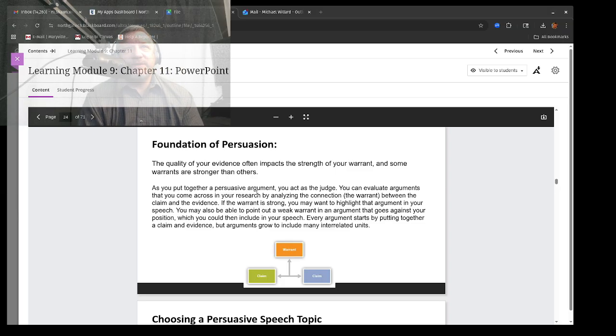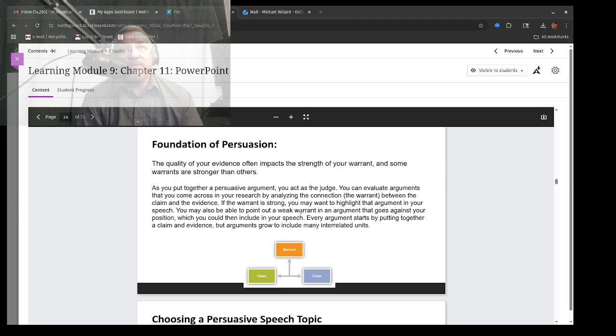As you're putting together your persuasive argument, you are the judge. You can evaluate arguments that come across in your research or in life. Analyze the connection between the warrant, the claim, and the evidence. If your warrant is very strong, you might want to highlight that in your speech, like I said with drunk driving. I don't know anybody who's pro-drunk driving. I'm sure there's someone out there, but I don't know anyone.